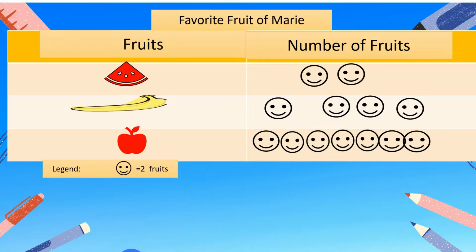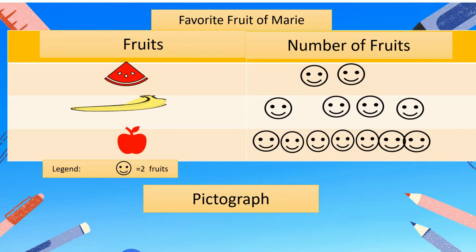Let's have another representation. Have you seen similar to this before? Have you seen this in your books or even on the walls around you? Do you know what this is being called? This is what we call a pictograph.